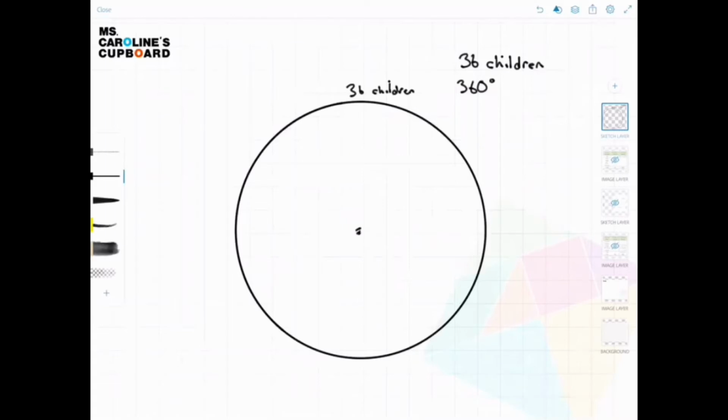So, we will take our 360 degrees and we're going to divide it by our 36 children. That way we can see how many degrees they have each. Now this is a nice easy division to do. 360 divided by 36. You can see here we've got our 36 and 36. So how many 36s go into 360? You should know this from our place value. It equals 10.